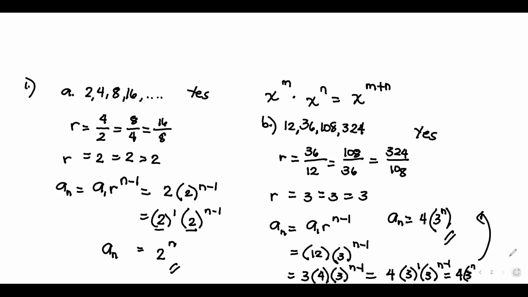Next, let's see. We have negative 1/3, 1/9, negative 1/27, 1/81. Is this a geometric sequence? So let's check.